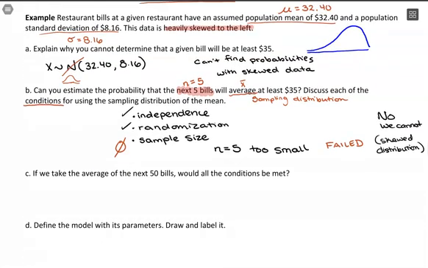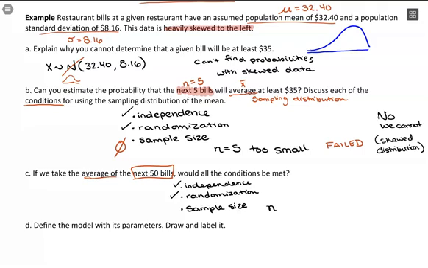Part C, if we take the average, so again looking at the mean, of the next 50 bills, would all the conditions be met? Yes, because we'd have independence, that would stay the same, randomization would stay the same, and then to show our work for the sample size condition, now our sample size is 50, which is larger than or equal to 30.